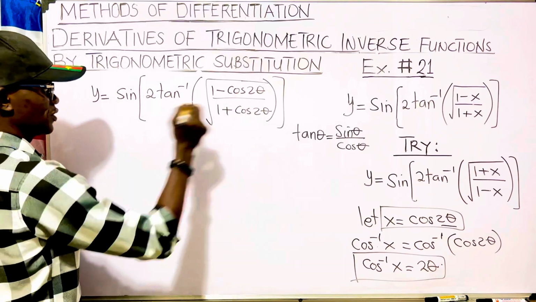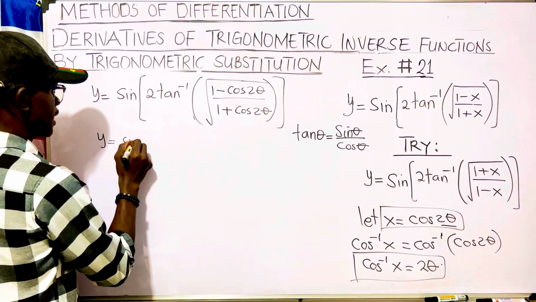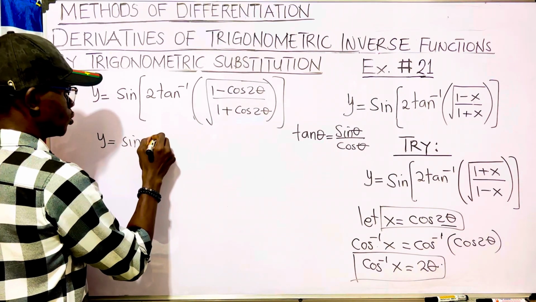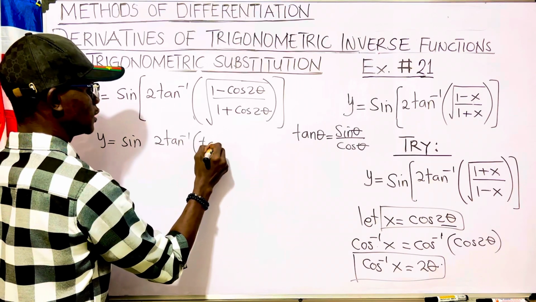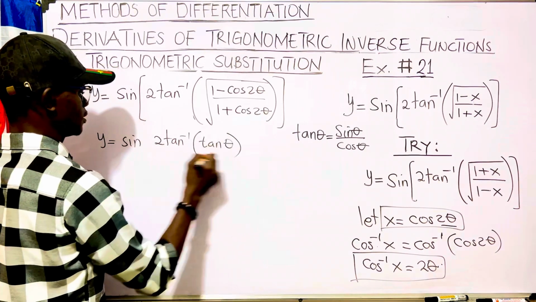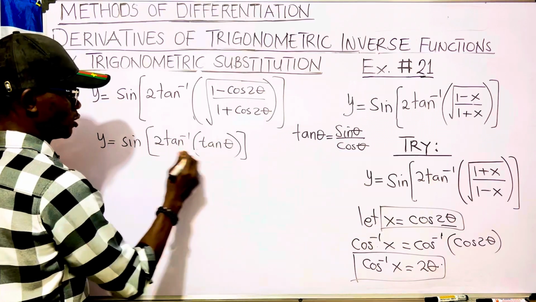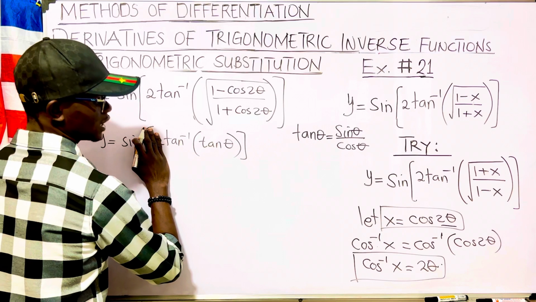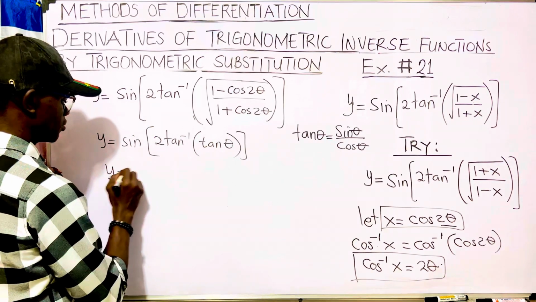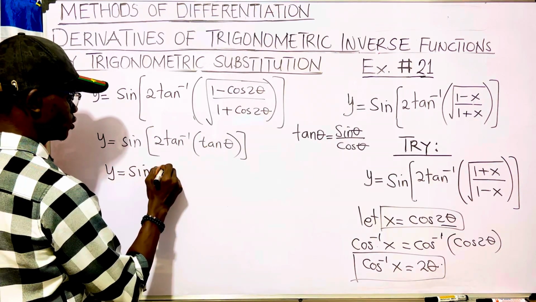So this entire expression is just tangent of theta, so y equals sine of 2 tangent inverse of tangent of theta. Tangent inverse of tangent of theta is just theta. So y now becomes sine of 2 theta.